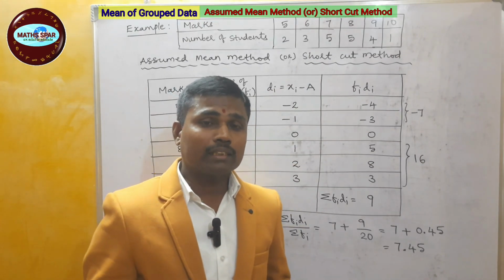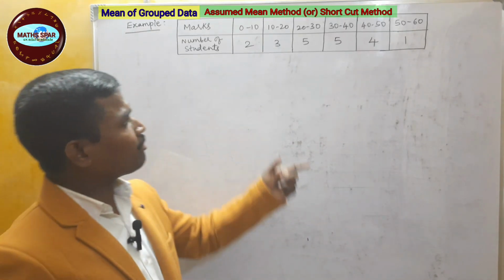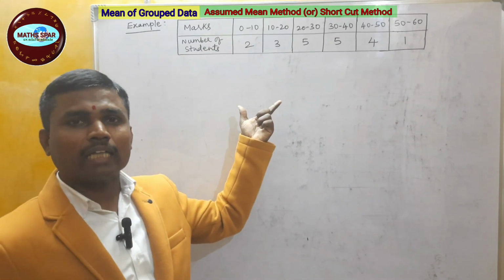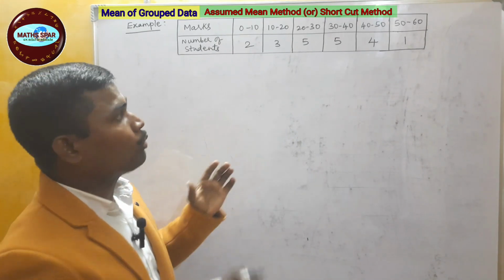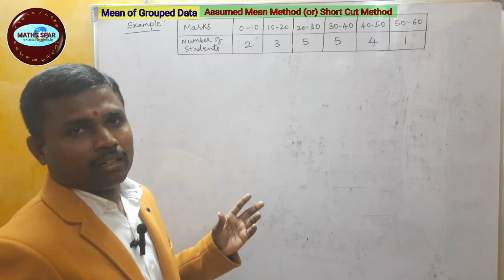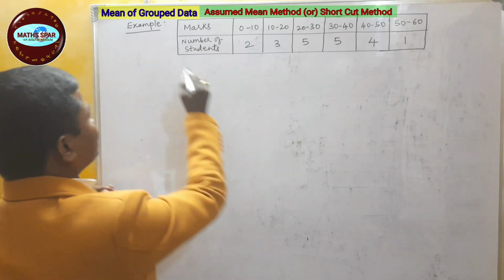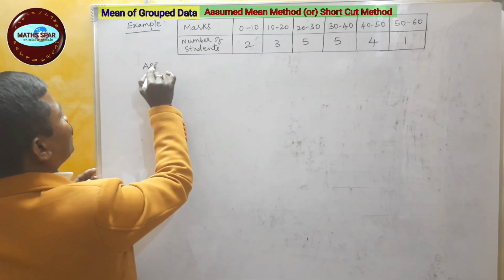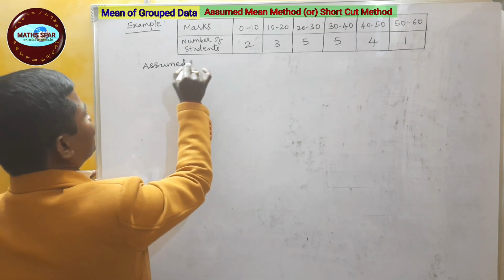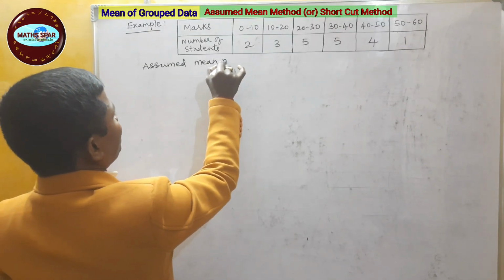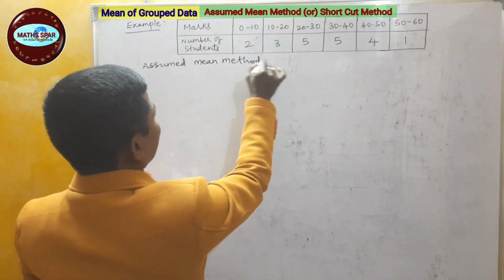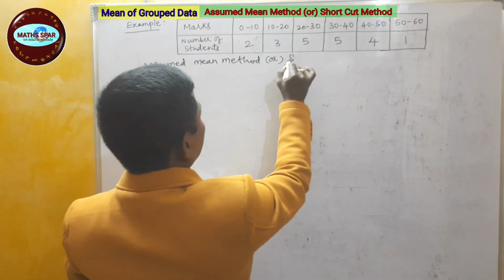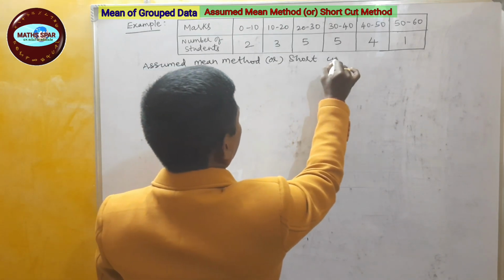Now let us look at a given frequency distribution in class interval form. How do we find the mean by assumed mean method or shortcut method? Let us see.